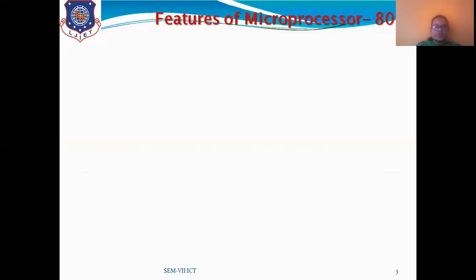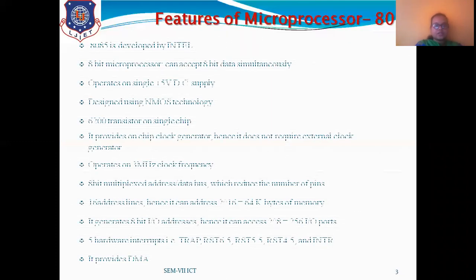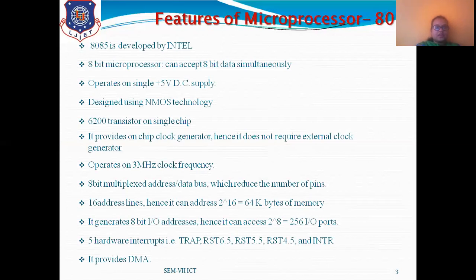Now, first of all, going to the features of microprocessor 8085. So, these are the following features of microprocessor 8085. First feature: 8085 is developed by Intel, right?